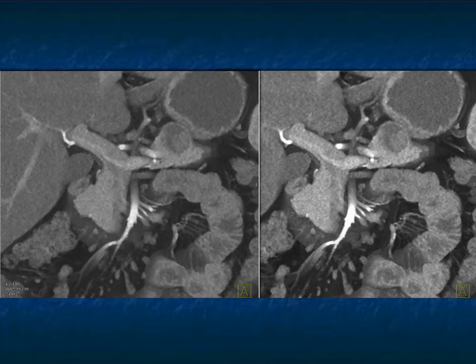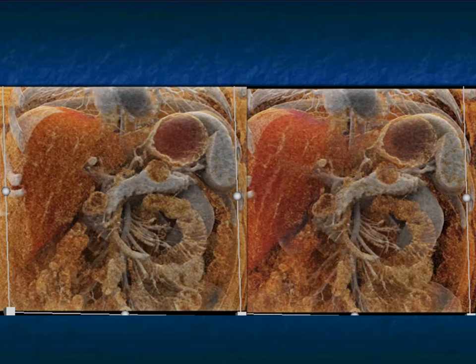Here it is again with a solid component. And you can see why an MCN would be a great diagnosis here. In fact, the more I look at this case, I like MCN better than cystic neuroendocrine tumor. And of course, this was a cystic neuroendocrine tumor. And here it is very nicely shown on the cinematic rendering as well.